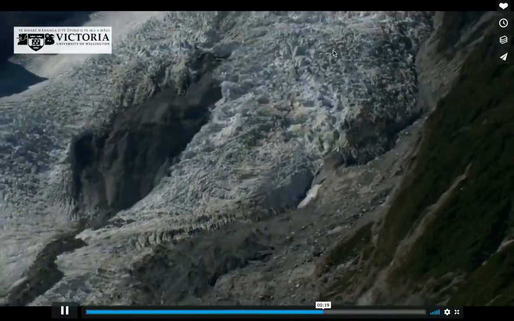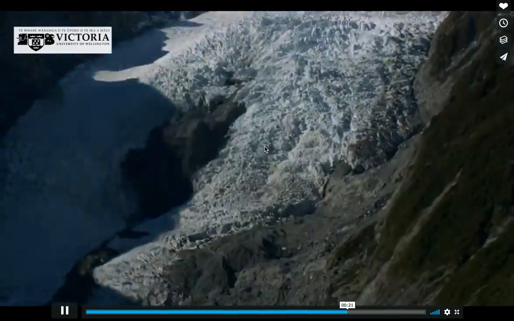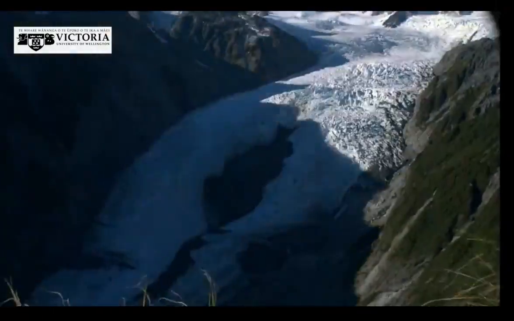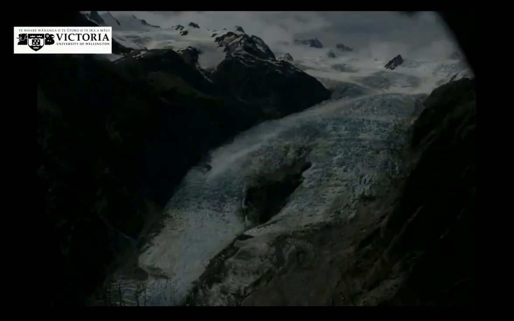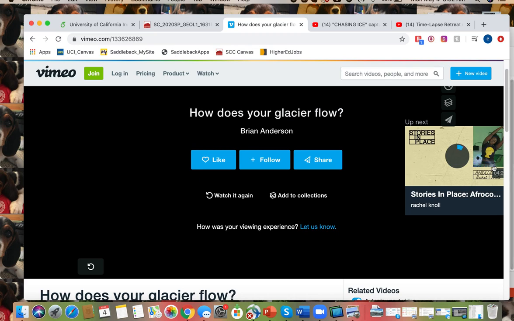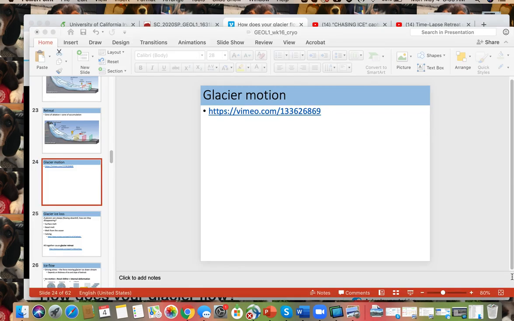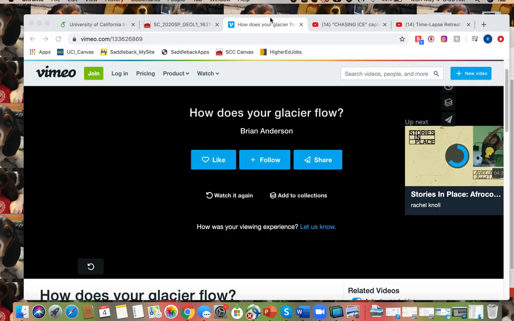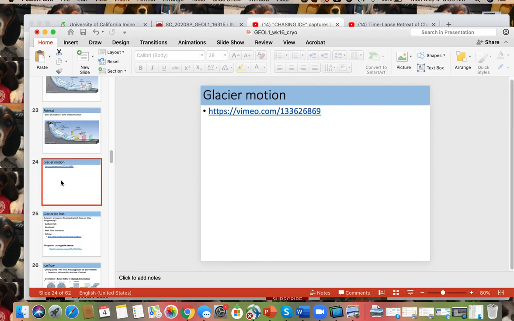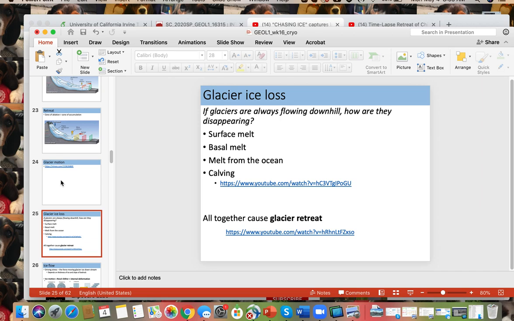But we see that the glacier is actually flowing downhill, like really, really sticky honey. That is really the best way to show how glaciers flow, is to actually show you rather than to try to explain it all. I have a couple more videos, two more.